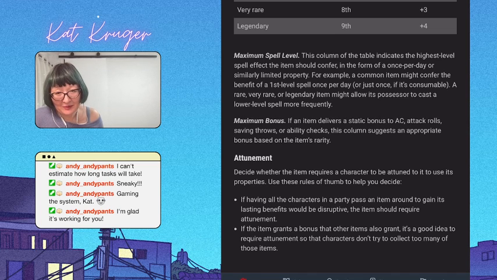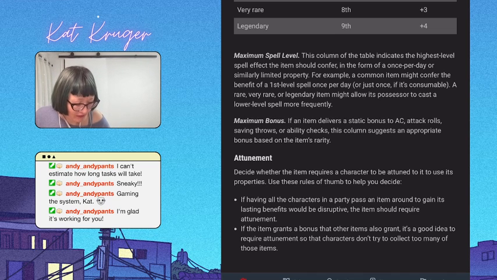That could potentially break your game. So you might want to have an attunement attached to it. It also ensures that very powerful items... you can only attune to 3 items at a time, and therefore you have to make some hard choices. You can't accessorize with all magic items all the time.